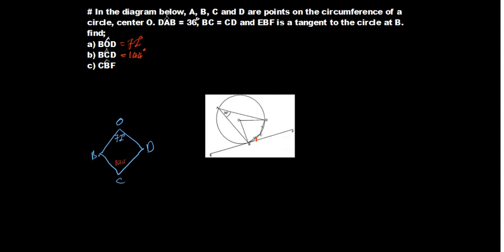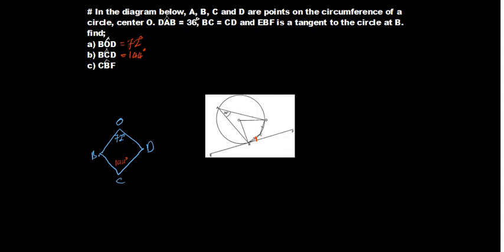Having the angle CBO, which is this one, and the angle CDO is going to help me find the angle that I'm looking for. Keep in mind that these two lines are equal, making these two angles equal as well, and this makes our work much easier. We know that the four angles add up to 360.